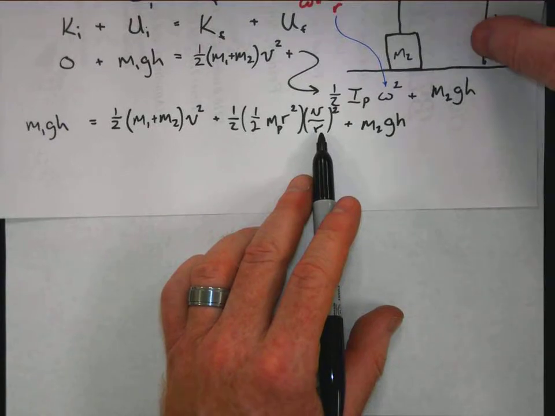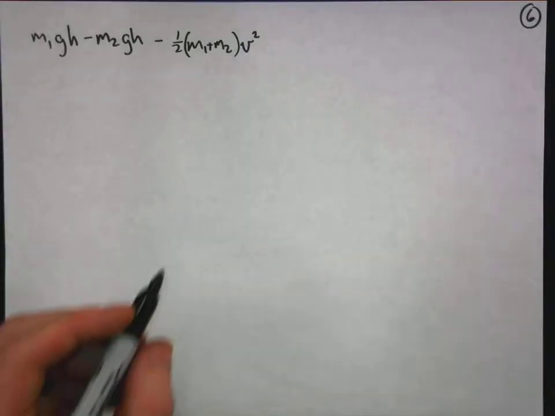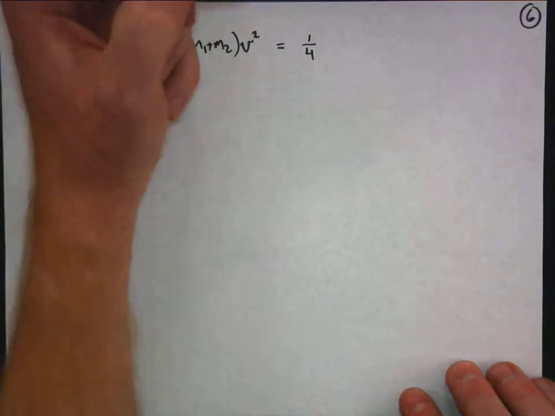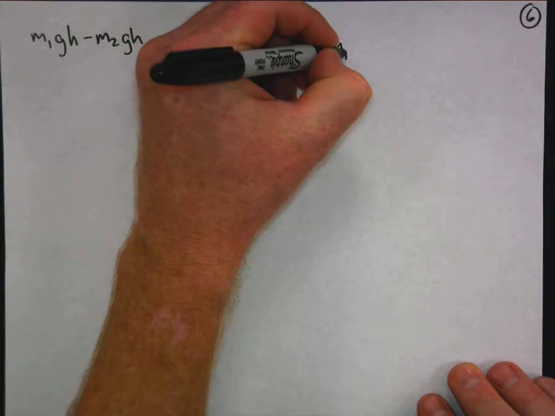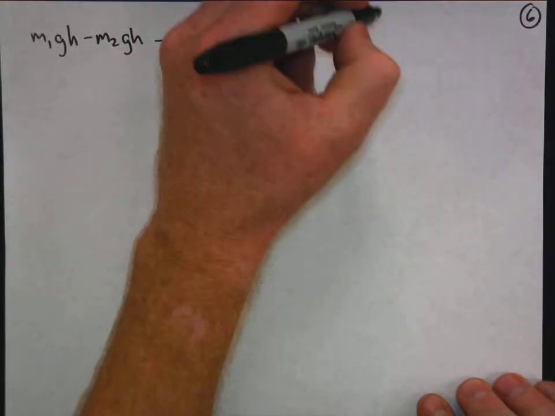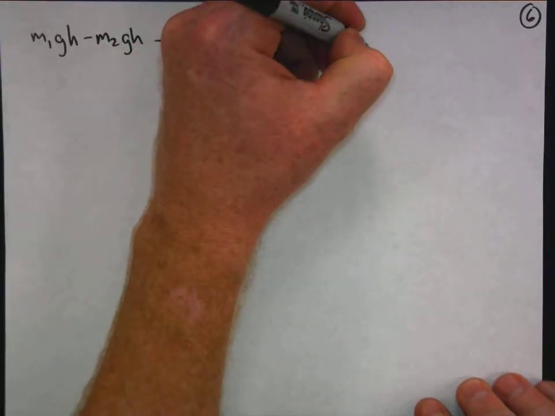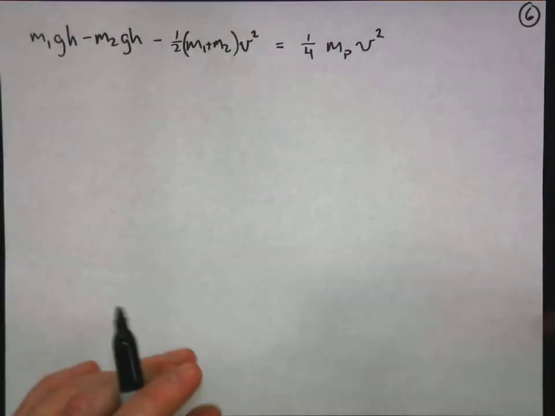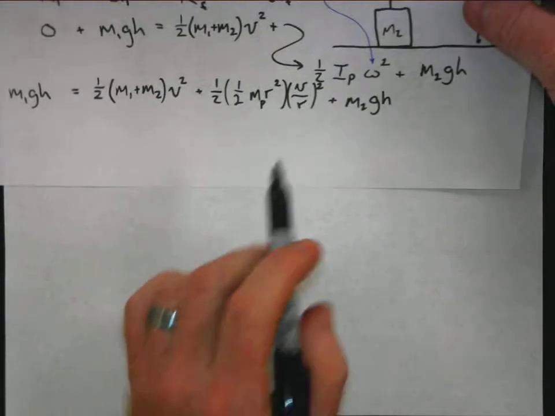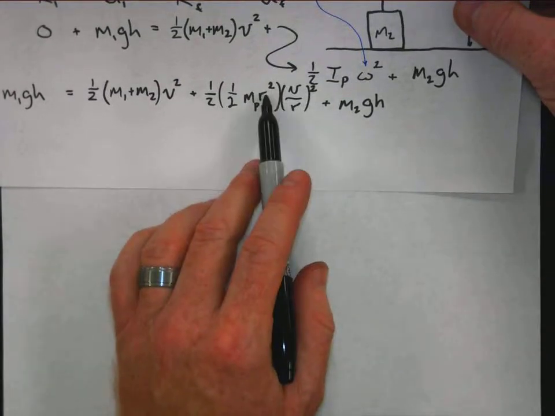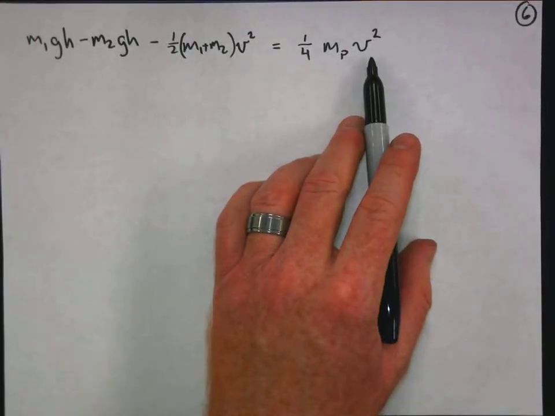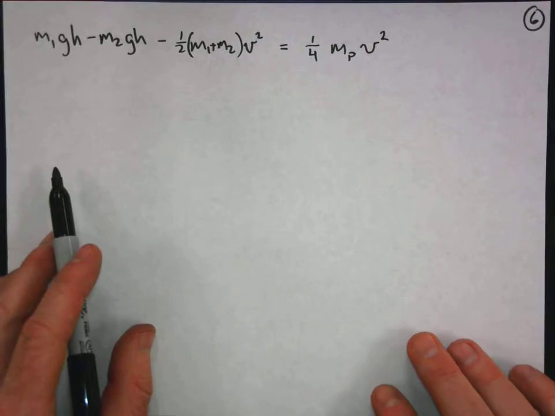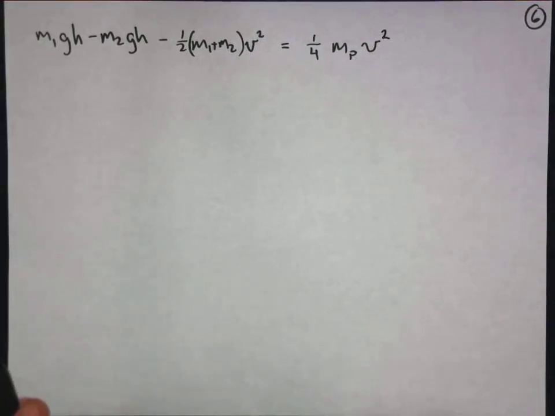That's curious. That's nice. So over here, it goes to 1/4, and I end up with the mass of the pulley times V squared. Remember, r squared canceled, and that went to 1/4. That's what I have here, 1/4, and r squared is gone. So it's starting to look better already, right?